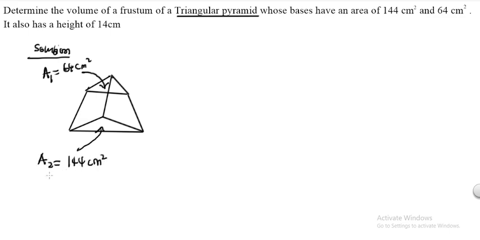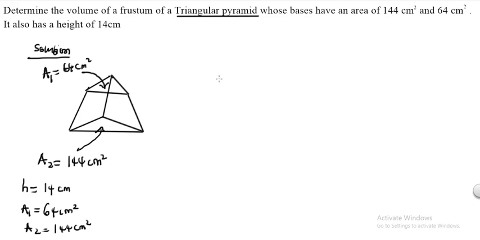Since they are already given, we can take our other value, the height of 14 centimeters, so that we know that our height is equal to 14 centimeters. If we write everything out nicely, we have A1 is equal to 64 centimeter square. We have A2 is equal to 144 centimeter square. This is squares for the areas.